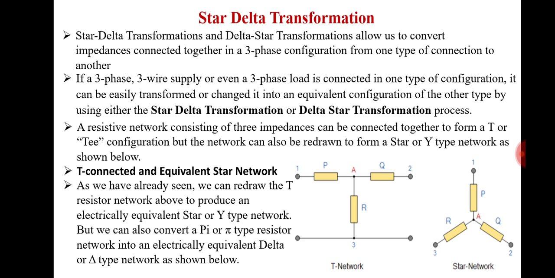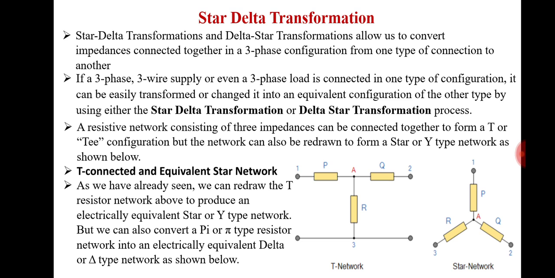A resistive network consisting of three impedances can be connected together to form a T or Tee configuration, but the network can also be redrawn to form a star or Y-type network as shown below. T connected and equivalent star network.